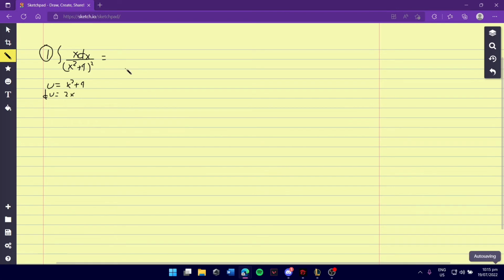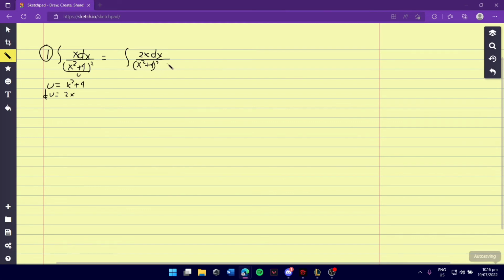As you can see, we have our u, but we don't have our du, which is 2x. We only have x here, so we will add 2 there. So it will become 2x dx over x squared plus 4, squared.